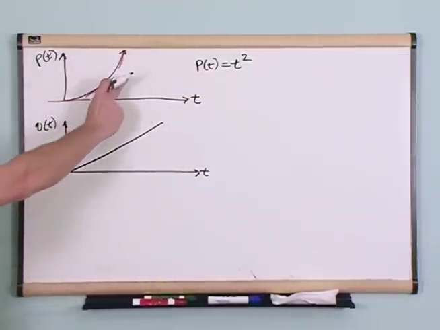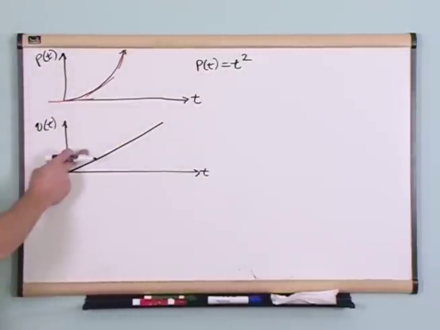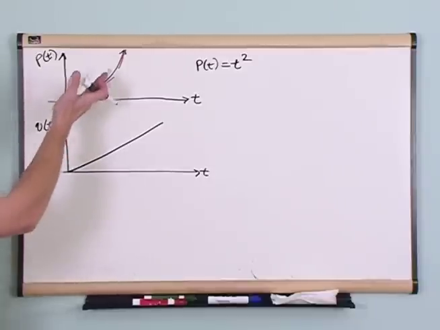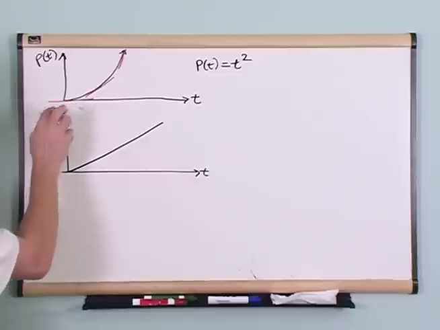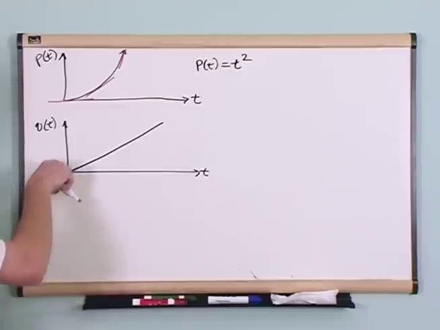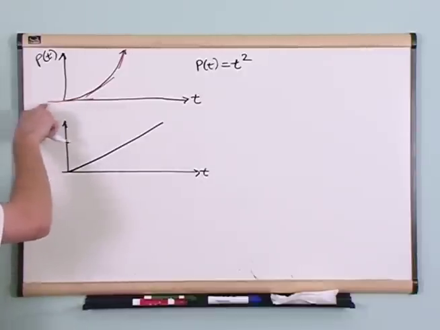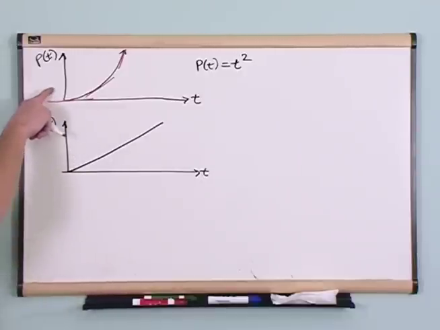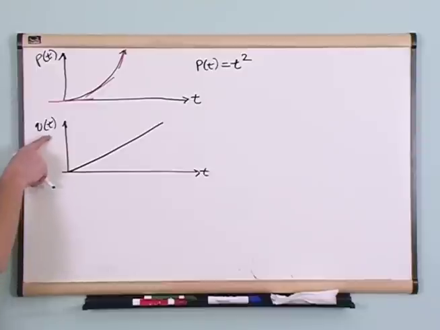So the derivative of the position, again, gives you the velocity. In this case, your slope here, which is the slope of the tangent line to the curve, is very low. So your velocity is low, because the slope of this line tangent to the curve is the derivative of this, and the derivative of this is velocity.